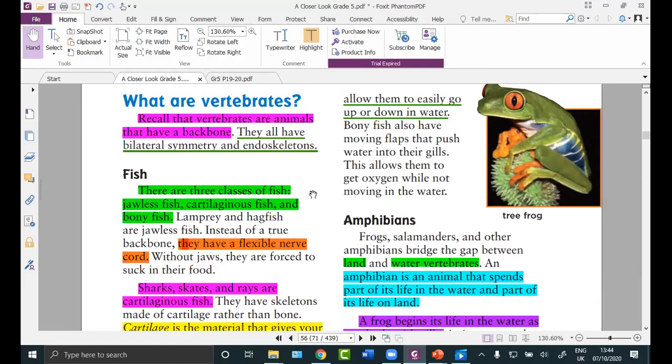They all have bilateral symmetry and endoskeletons. What is this? Endoskeletons. Skeletons. There are three kinds of fish. Thank you. You did well.